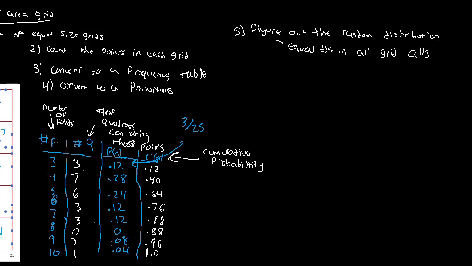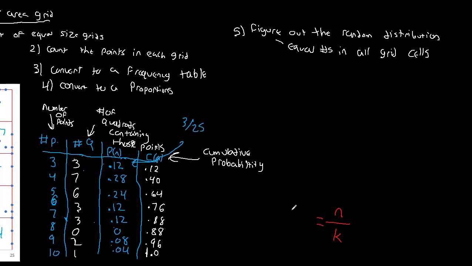To figure out what an equal number would be, all we have to do is take the total number of points and divide it by the total number of grids, because this equation would give us an average, or equal, number of points in all cells.